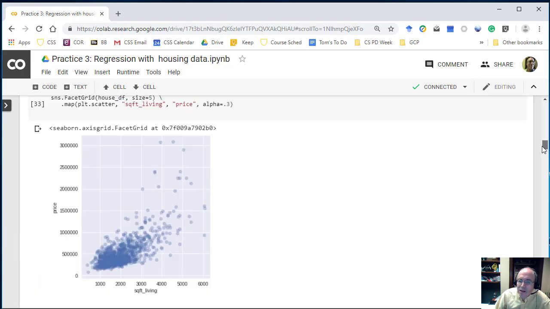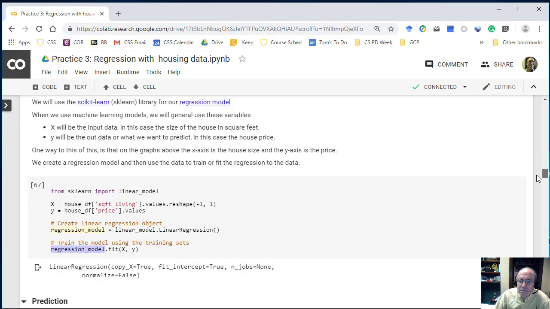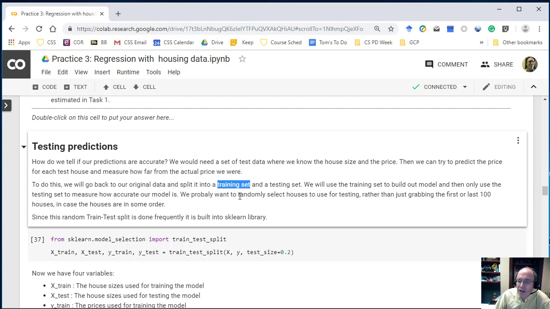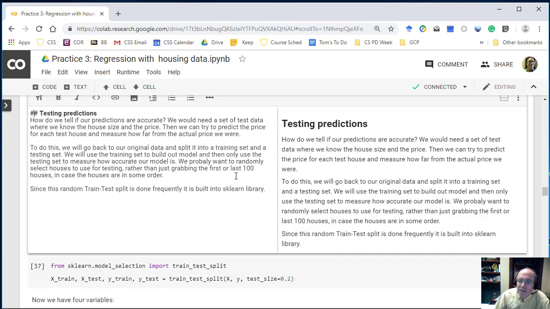But the data might be sorted somehow, or there might be some issues with that. So we generally want to randomly select houses for testing rather than just grabbing the first 100 houses or something like that. And this is very common. We call it a train test split of our data, and it's built into our sklearn library.